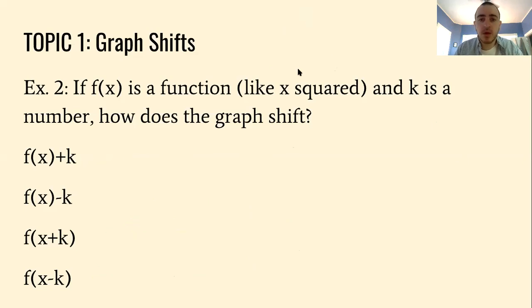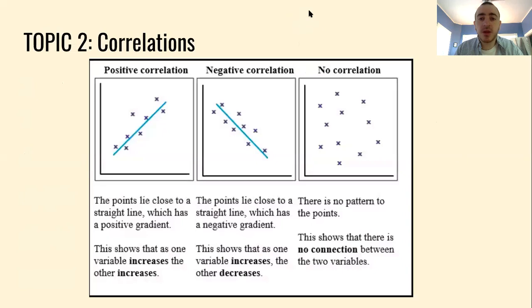Okay. The next thing we're going to talk about a little bit is correlations. There are two questions about correlations on the exam. Basically, if you're taking data, you have one variable and another variable, and you're trying to see if there's a relationship between the two. Does one variable increase as the other increases as well?